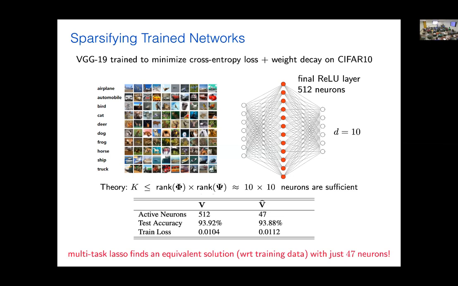So the training loss is basically the same for the two, but we can find a solution that, instead of 512 neurons in that final layer, only has 47. People like to make neural networks smaller so they can put them on your phone and so forth, so that's an attractive thing.